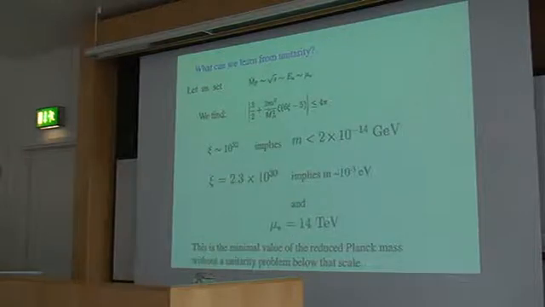Now, what can we learn from unitarity in that case? Well, you can go through exactly the same procedure. What you find is a bound on the mass of the scalar field. Excuse me. So for psi of the order of 10^32, you find that your single scalar field has to be lighter than 10^14 GeV, which is not very good because that creates a lot of problems with cosmology.